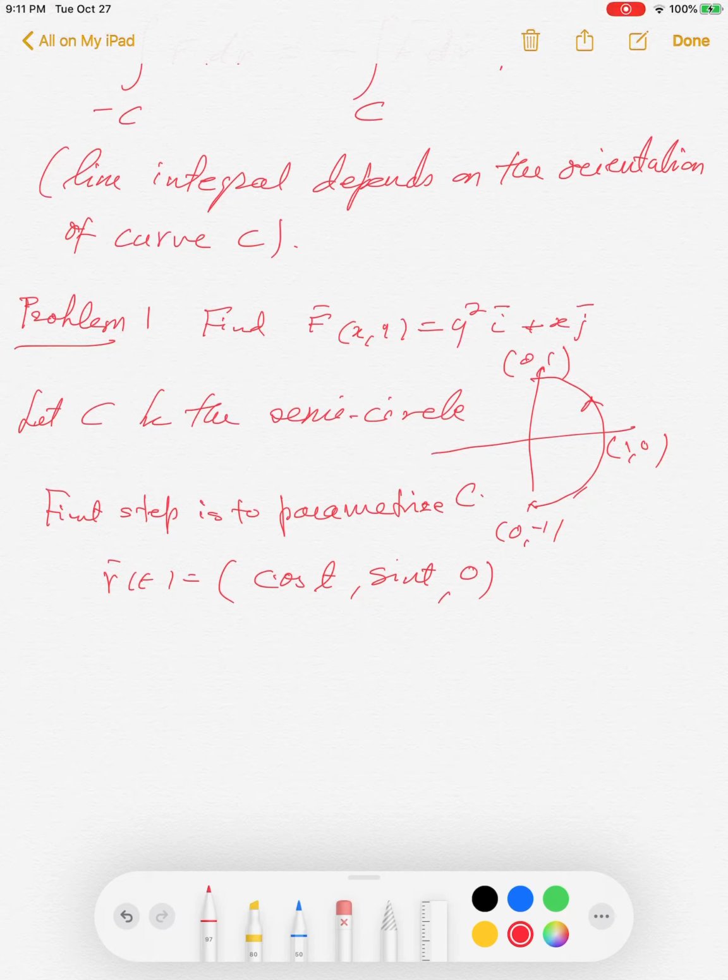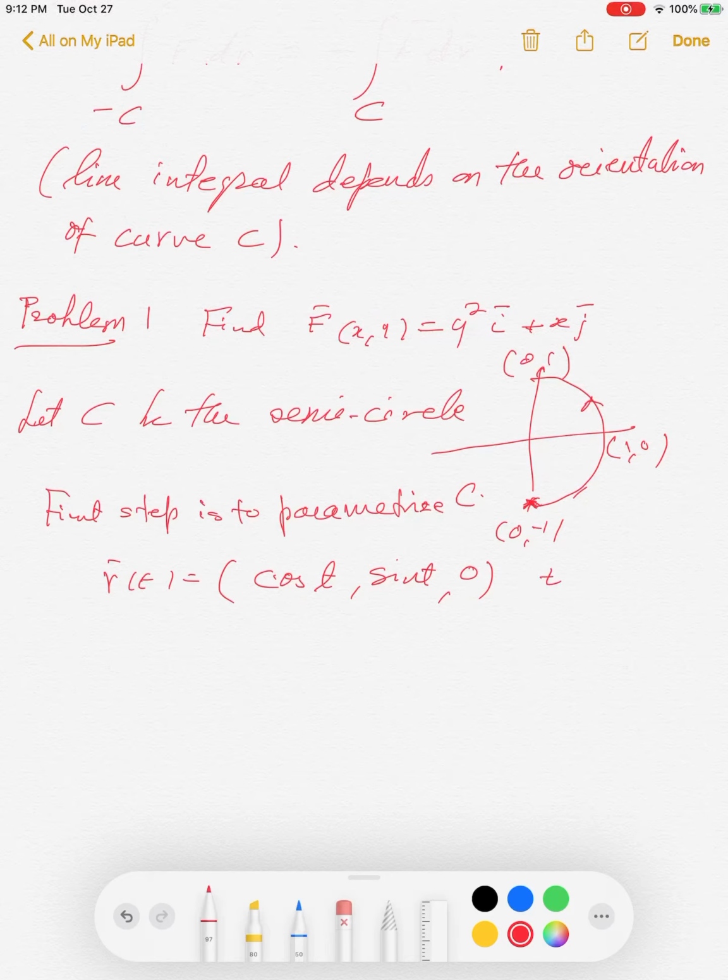And now you have to make sure that you get the right curve. The orientation is the same as the one shown in the figure. For that you will have to make your choice of a and b properly. So for t equal to 0, if you want to get this point, you want cos t to be 0.